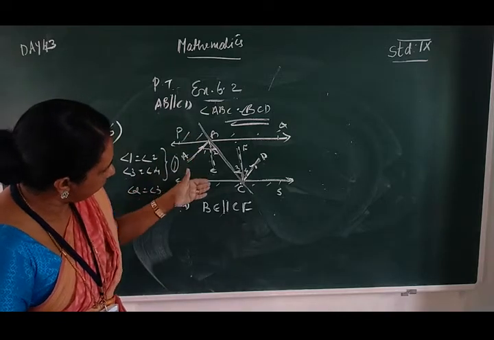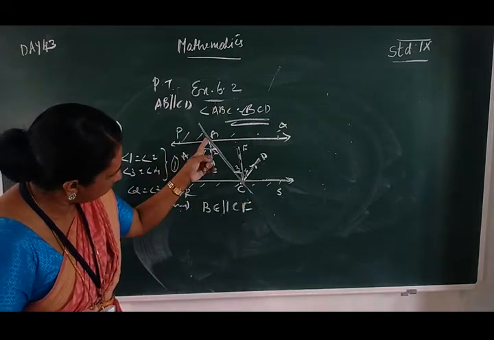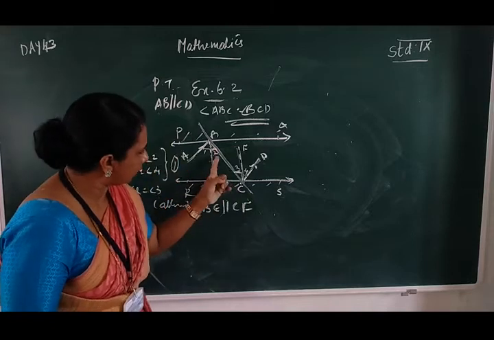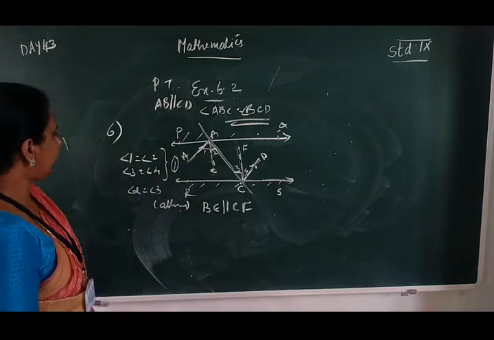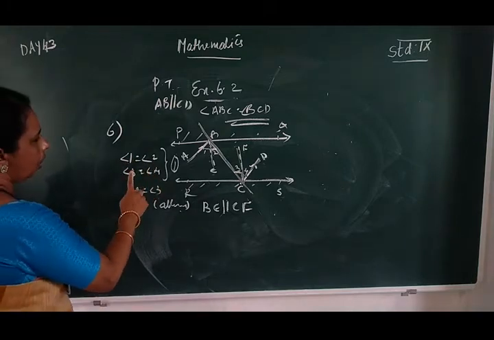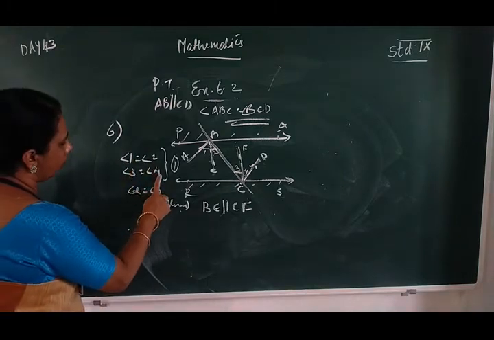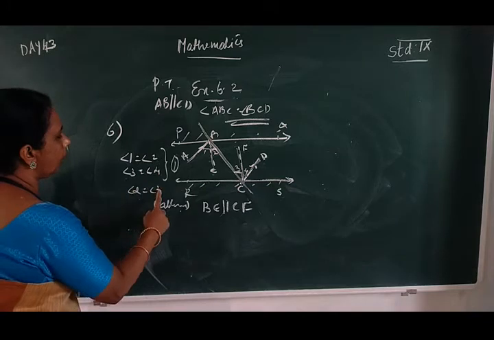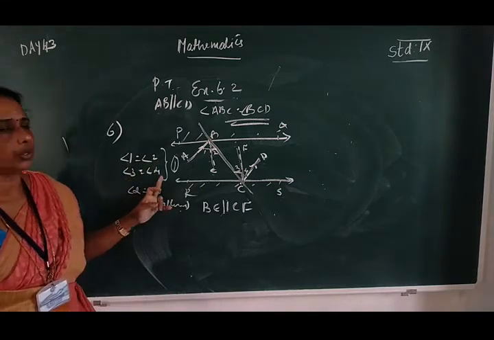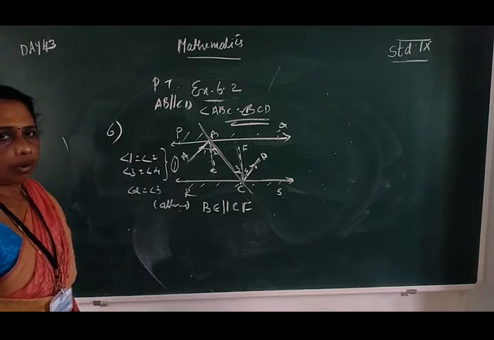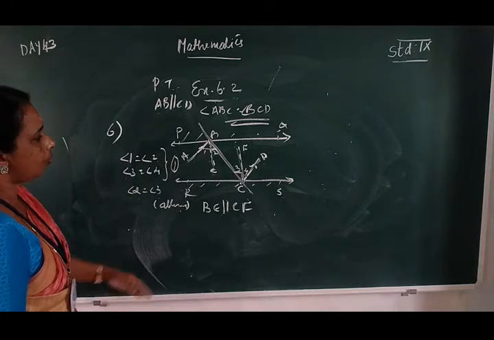By construction, BE parallel to CF and BC is a transversal, so angle 2 is equal to angle 3. That is, angle 1 is equal to angle 2 is equal to angle 3 is equal to angle 4. All angles are equal.